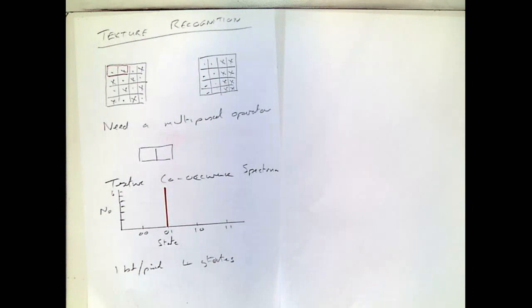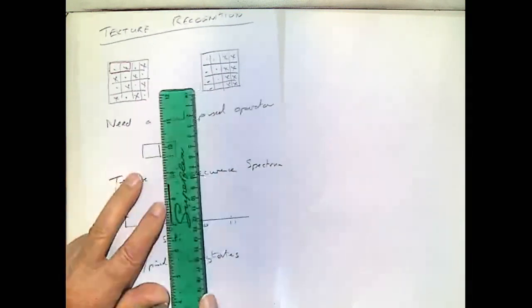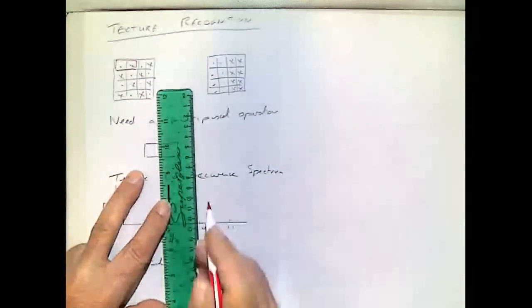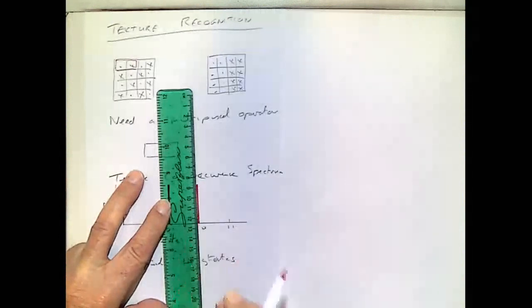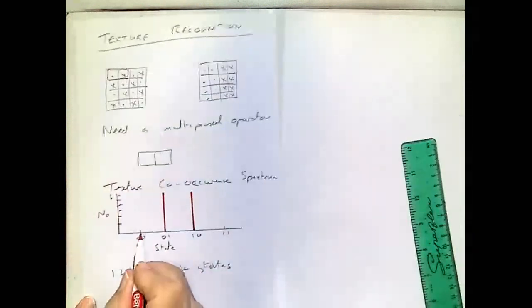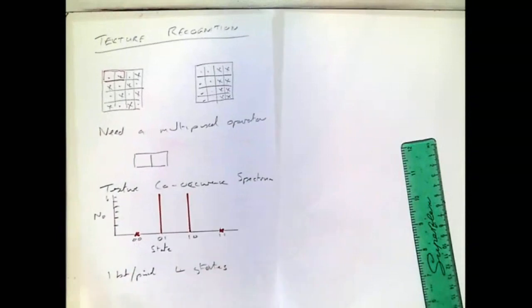Next one. 1, 2, 3, 4, 5, 6. Indeed, 6 more. And so we've got noughts there, we've got naught there, we've got that.